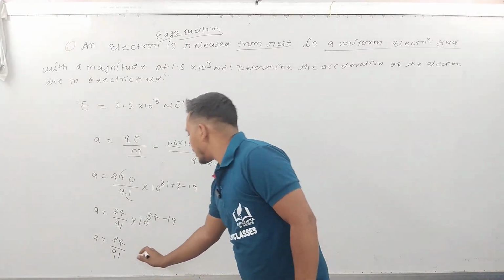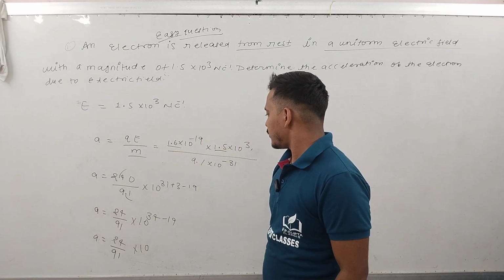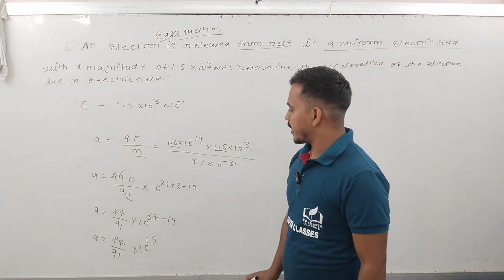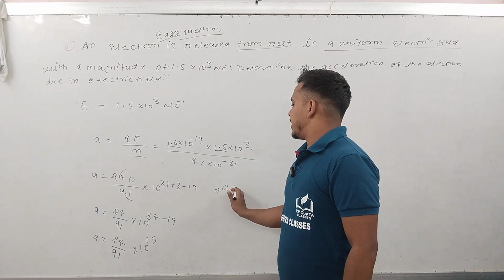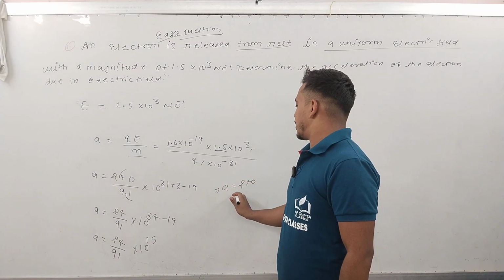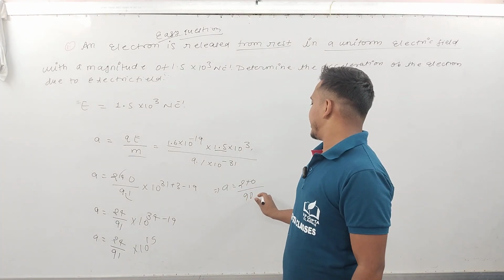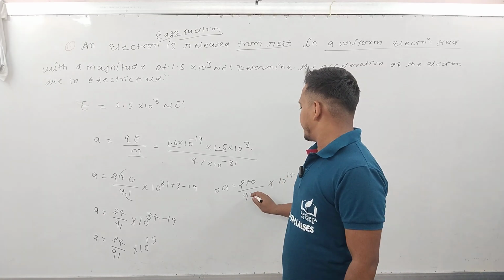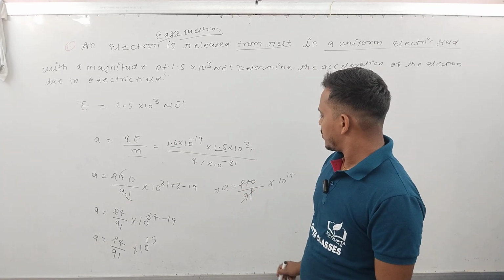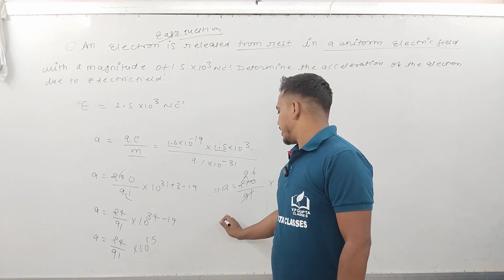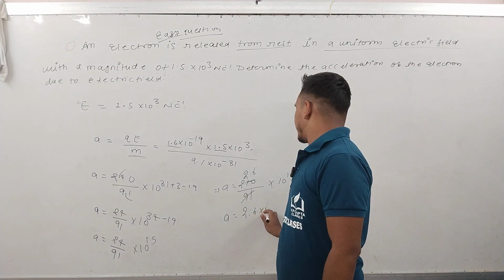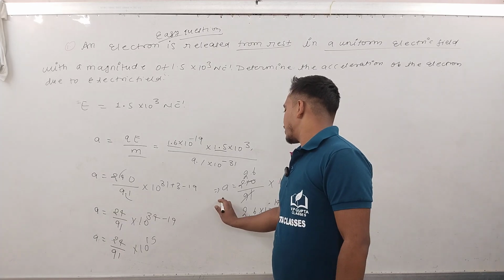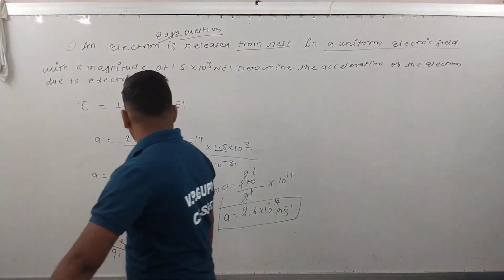Now a is equal to 240 by 91, divided by 10 to the power 14, which gives 2.6 into 10 to the power 14 meter per second square.